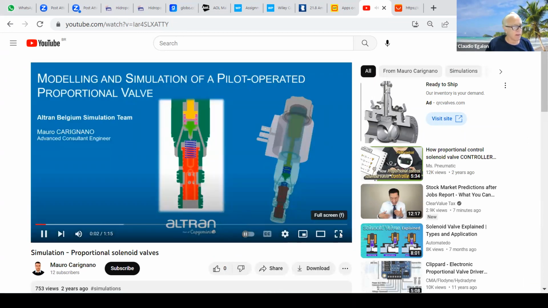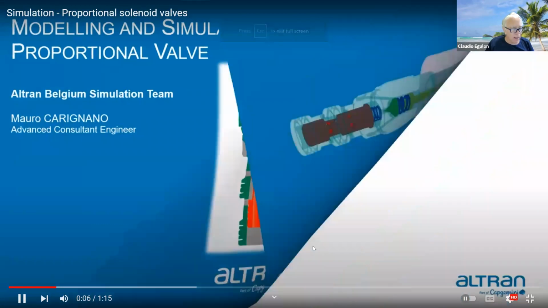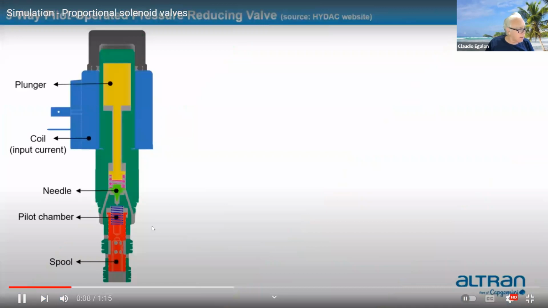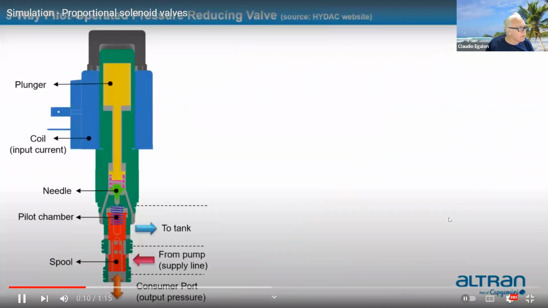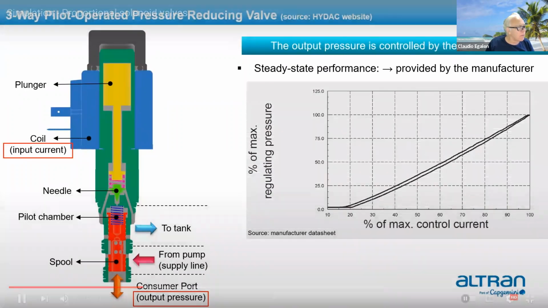Okay, modeling simulation. Okay. Let's see. Needle. That's the part of the solenoid valve, right? There's a needle here. Plunger.